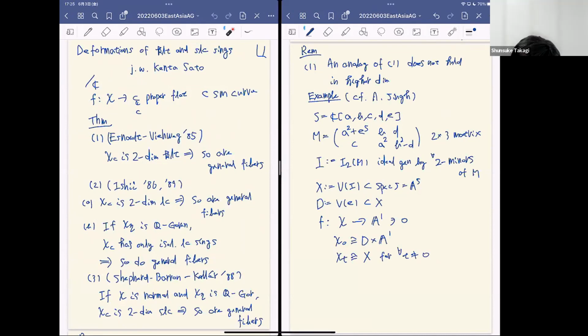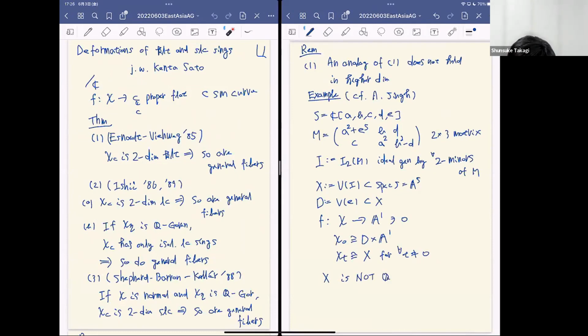I forgot to say that in this example X is not Q-Gorenstein, but D is two-dimensional KLT, so in particular it is Q-Gorenstein. So the central, special fiber is a three-dimensional KLT, but the other fibers are not Q-Gorenstein.